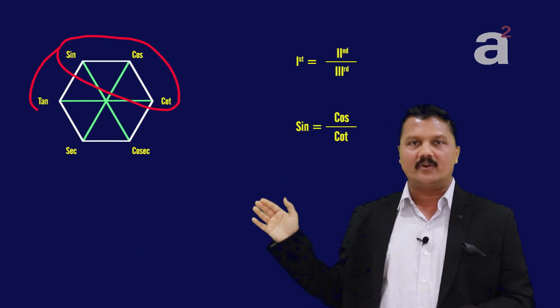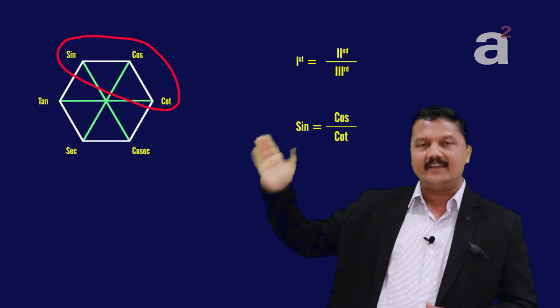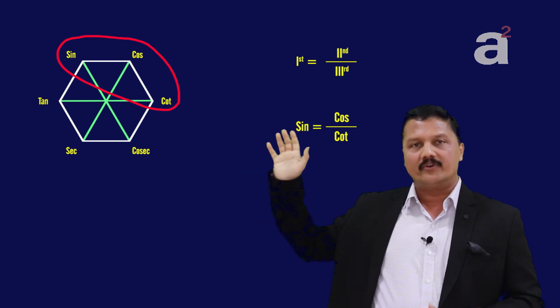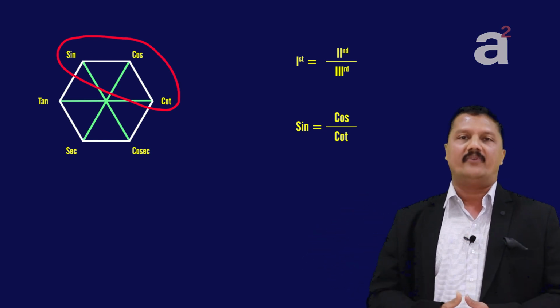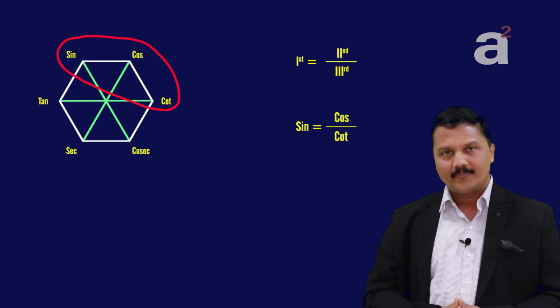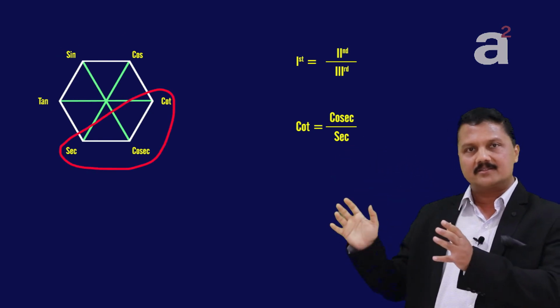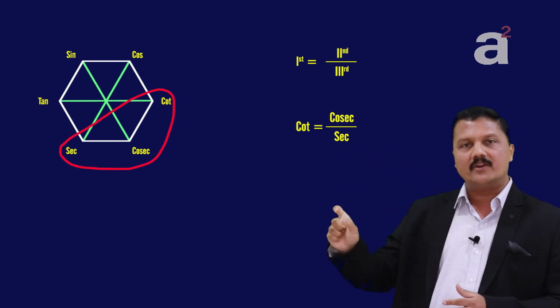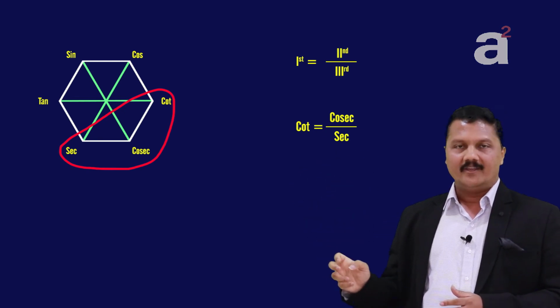If you take the next one, you can see sine, cos and cot. So sine is equal to cos over cot. All the 3 ratios, this relation is valid. What's the relation? When you consider 3 consecutive ratios on this hexagon, the first one will be always the second one divided by third.